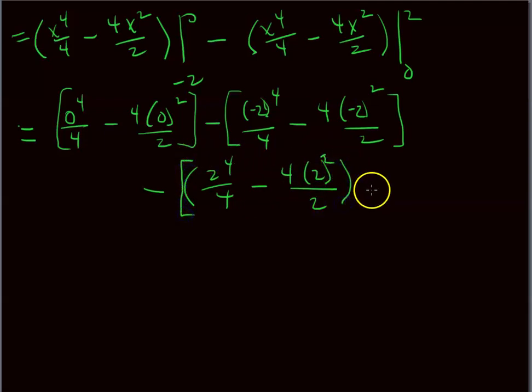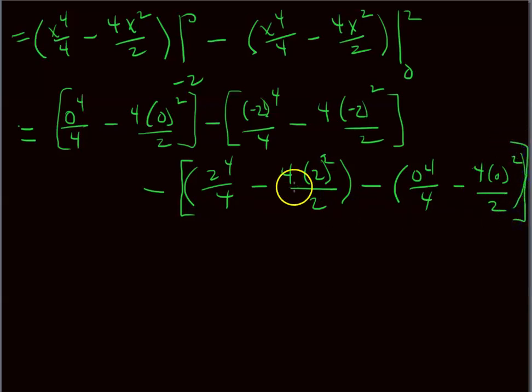That's plugging in the 2, but you always subtract the lower value here, which is 0 to the 4th over 4 minus 4 times 0 squared over 2. Okay. And this has a big, because you're subtracting all of this stuff, and this is positive.